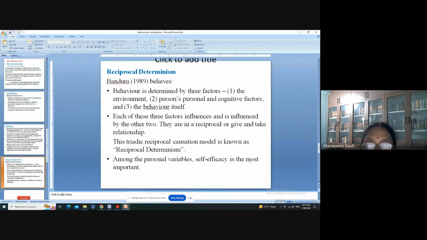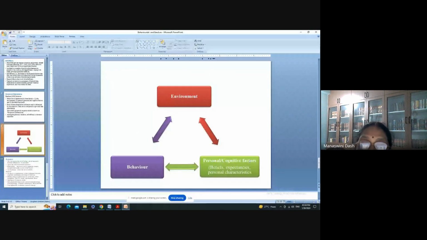And the second factor, person's personal and cognitive factors, consists of a number of factors: your belief, your interest, your ambitions, etc. Expectancies, your personal dispositions, everything comes under your personal and cognitive factors. And among the personal variables, Bandura believes that self-efficacy is the most important. And this is the reciprocal determinism model.